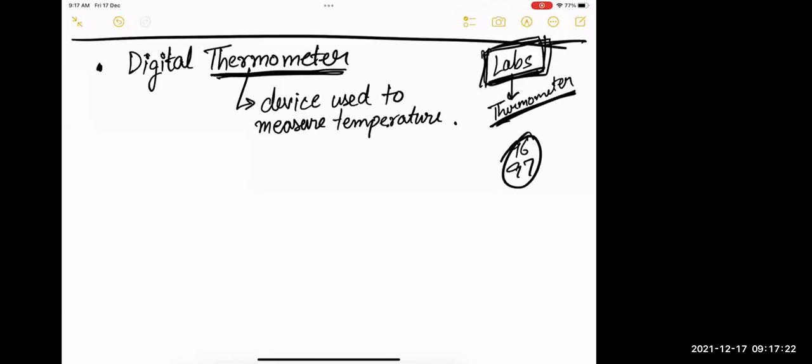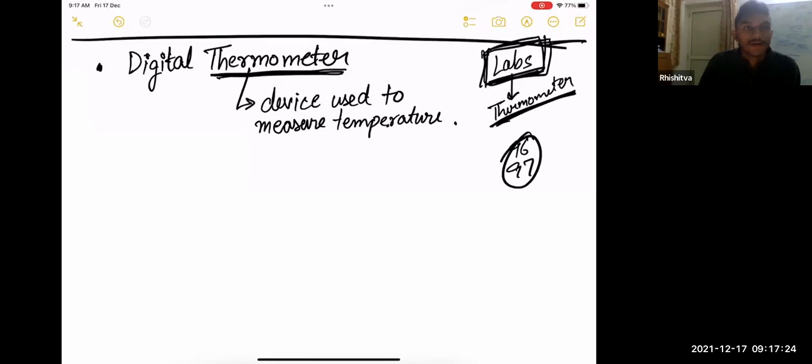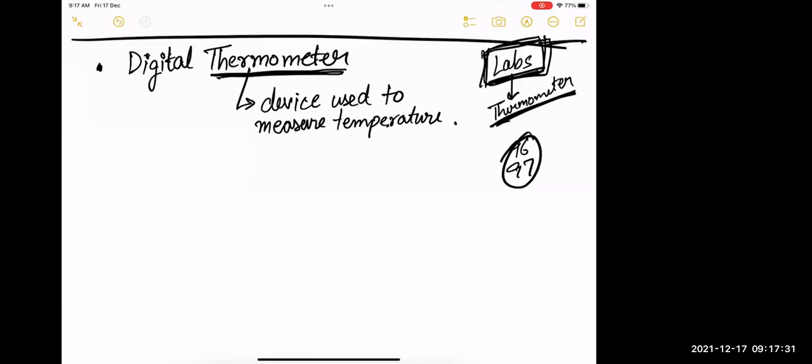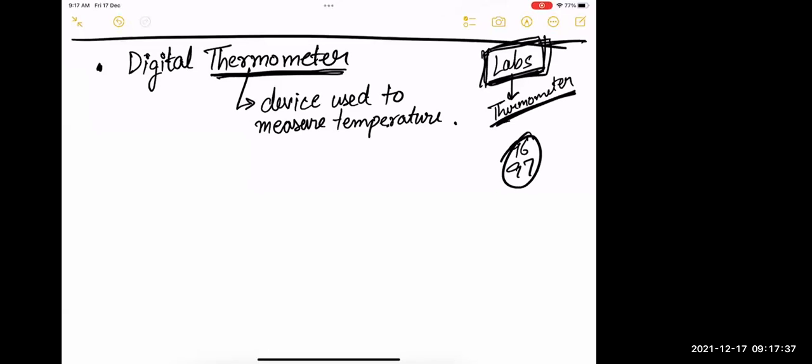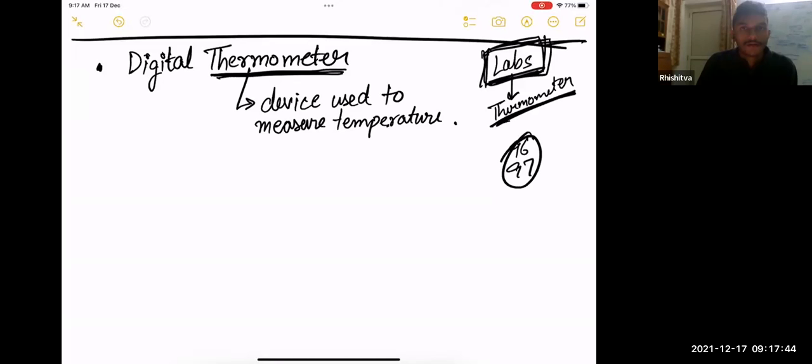Any other student? You can just read. Okay, Ishant, is your voice clear now? Hello, sir. Now it is clear. Yes, sir. The temperature is in Celsius when we measure it with a thermometer. Okay.